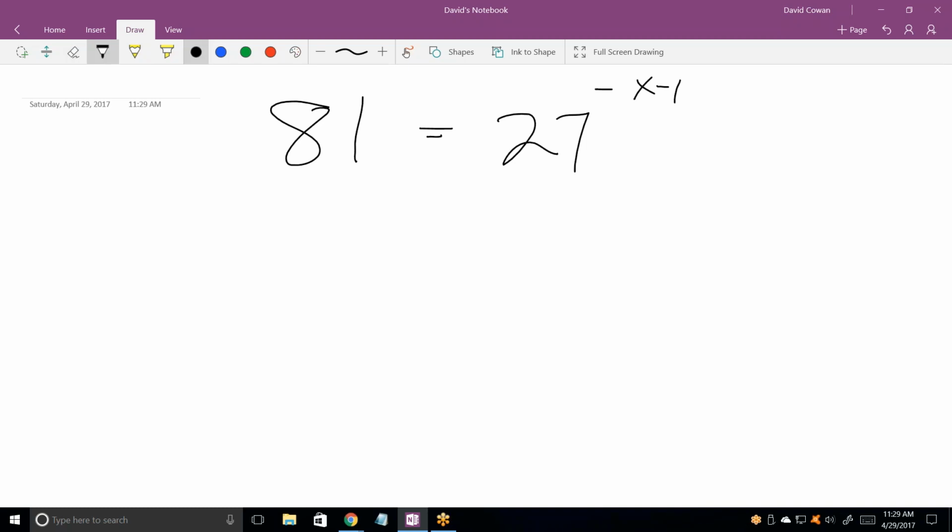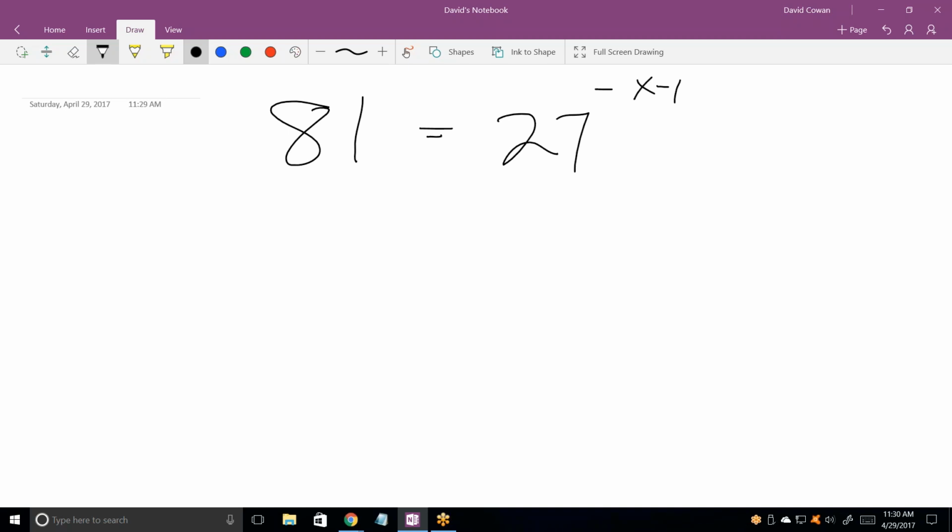Okay? Now, even though we're talking about logs, and most of the time when you have to solve an exponential equation, this is an exponential equation, incidentally. It's not an algebraic one. You cannot solve exponential equations algebraically.